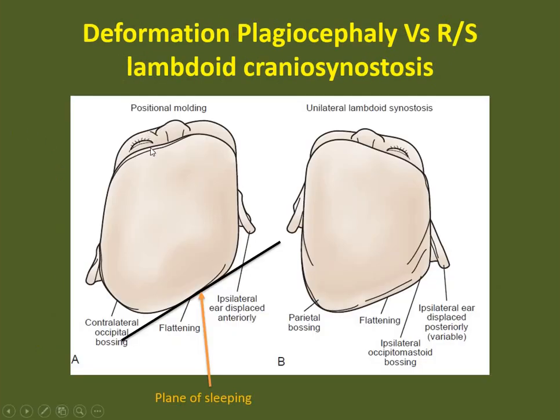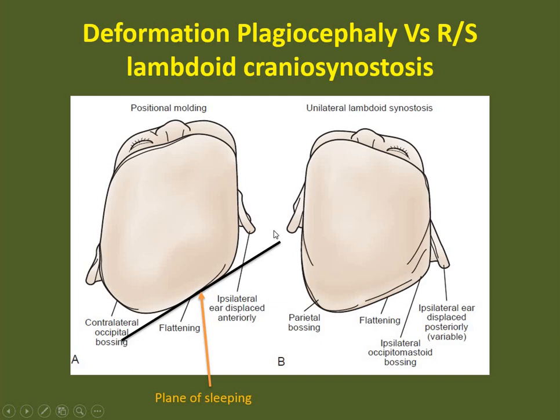This is a positional plagiocephaly or deformation plagiocephaly, where there is contralateral occipital bossing and ear displacement, and this is due to the plane of sleeping. But here this is a parietal bossing. You can see the ear, right? Here the ear has not been pushed.